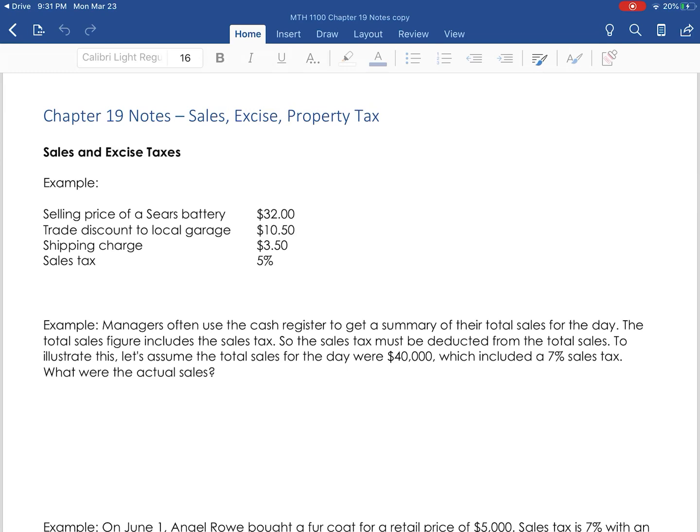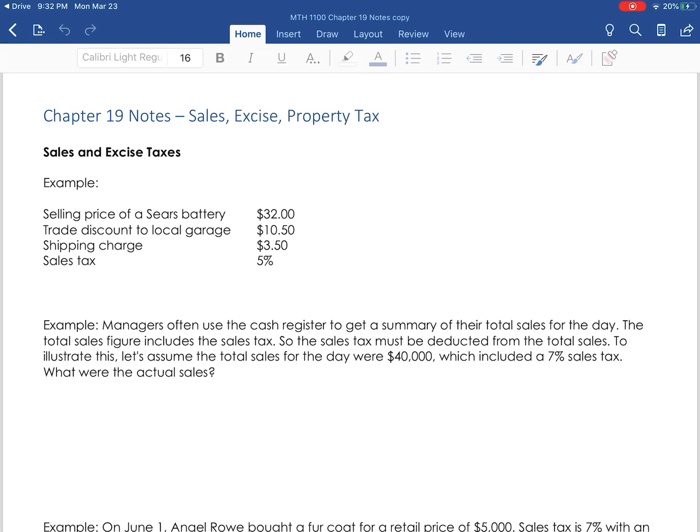So in this first example, we're going to find the total receipt value given the information. We have the selling price of a battery, then there's a trade discount, so we're going to subtract that off. We have a shipping charge, which we have to add on at the end, and the sales tax is given as 5%.